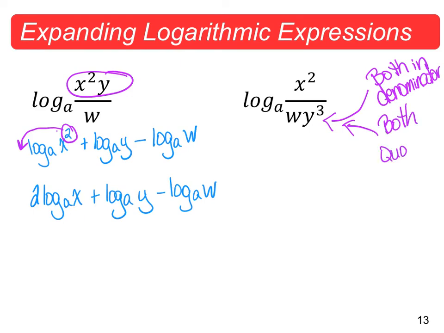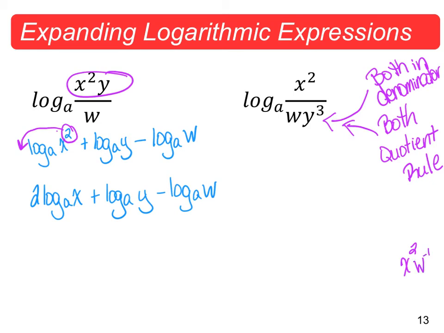So you are going to use the quotient rule for both of these. They're both going to be minus. Now, if we thought just for a second about x squared, if I wanted to move my w up to the numerator, that would be a negative exponent.